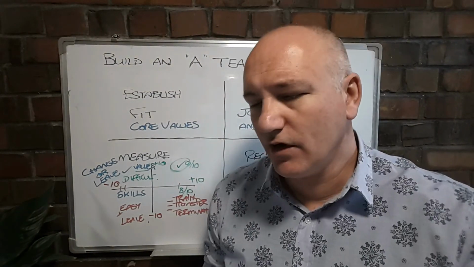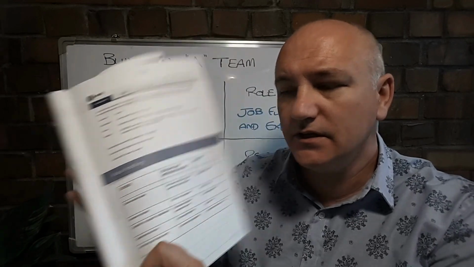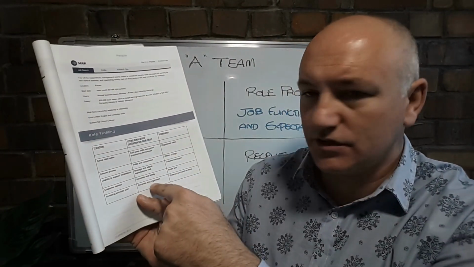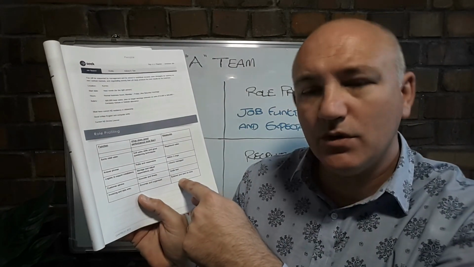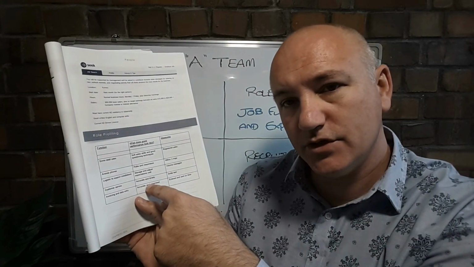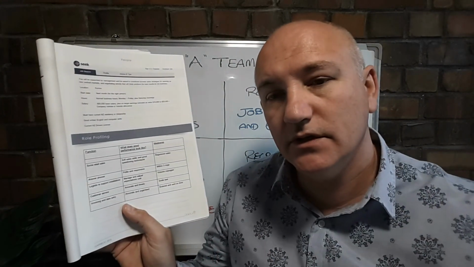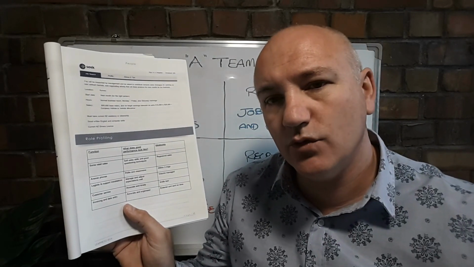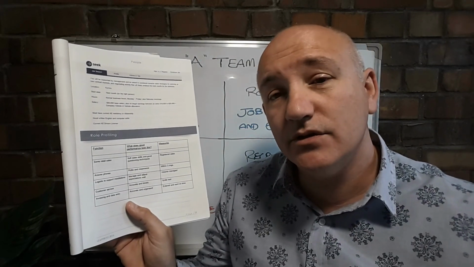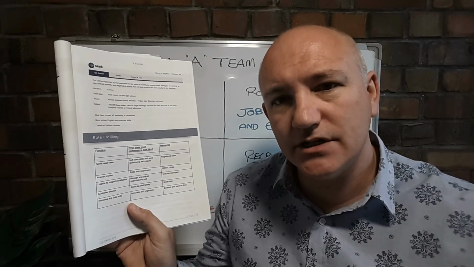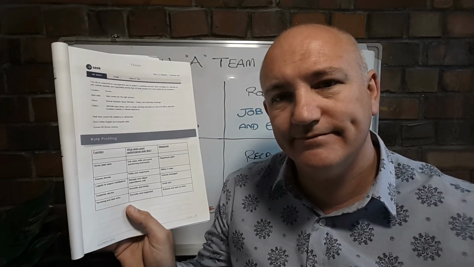So when we're role profiling, and I'll flash this up on the screen in a minute, we have to look at the function, what good performance looks like, and the measures. So how we will know that that person has performed the job to a satisfactory level. When we go through this process, it's quite enlightening for business owners and leaders because they have never really stopped to take a look at the actual expectation that they're trying to set.